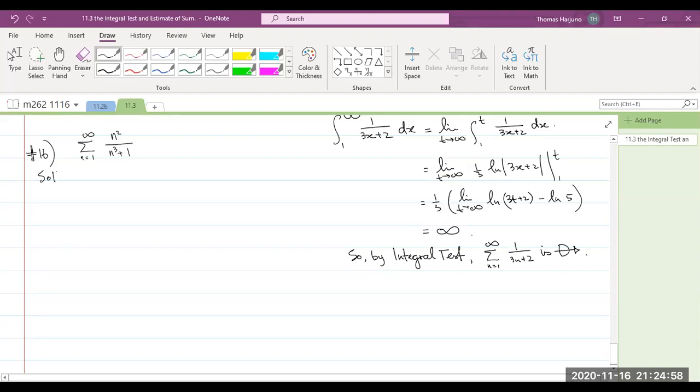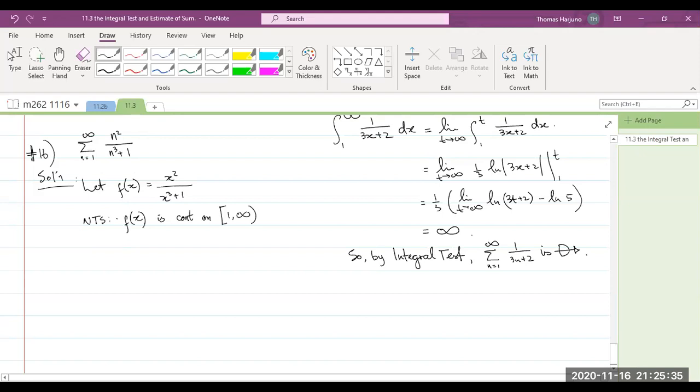I want to say that let f(x) equal x squared over x cubed plus 1. You need to show that f(x) is continuous on 1 to infinity. NTS stands for need to show.